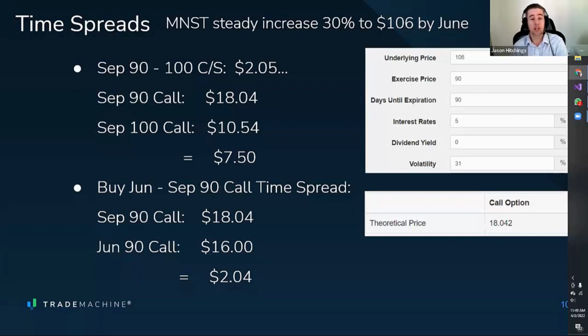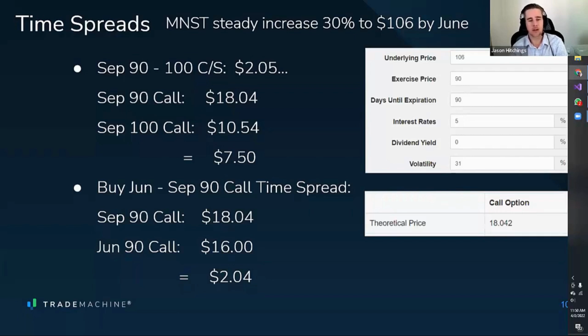So it's kind of a refresher on some of the call spread topics that we talked about previously. So how does the time spread do? Okay, well, the September 90 call, as we've talked about, is worth $18.04. How much is the June 90 call worth at expiration? Well, that option's at expiration, so we know exactly what it's worth. It's worth the intrinsic value.